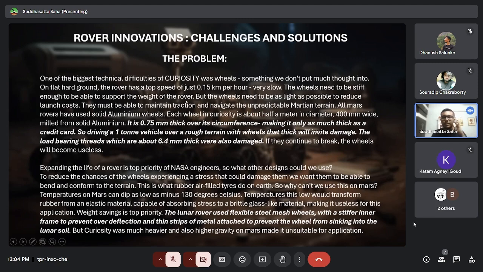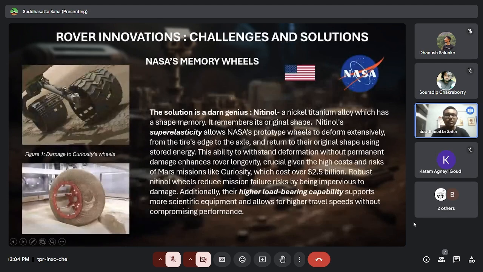And Curiosity was known by this problem because the solution was a darn genius. It was the memory wheels of NASA. So you see, NASA came up with a new material research which not only transformed the way we make wheels, but also transformed material science research, because they came up with a material called nitinol, which is a nickel titanium alloy.